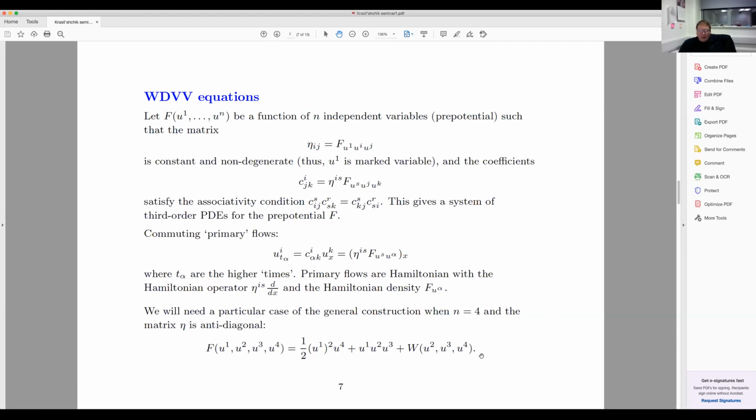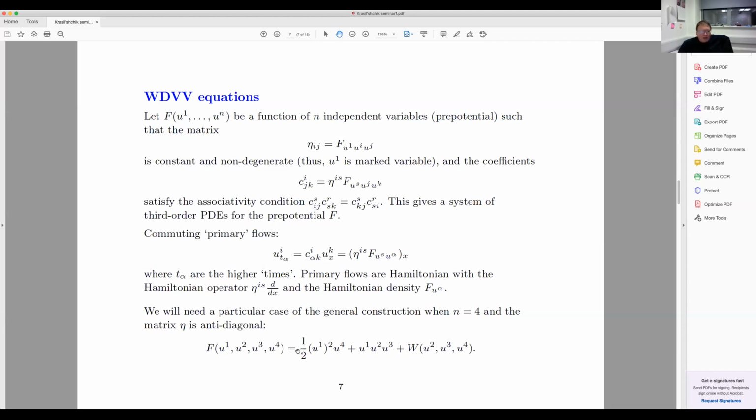So what I will need is this particular prepotential. You see its dependence on u1 is special. If you calculate this matrix, u1, ui, uj, you will see that when you differentiate by u1, this W disappears.